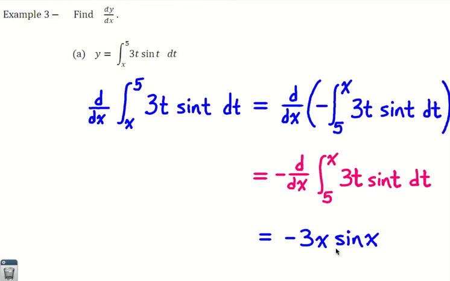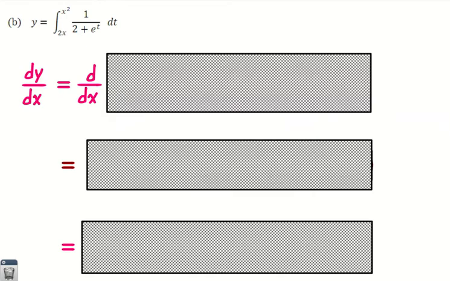But yeah, the final answer is just going to be negative 3x sine of x. And no real chain rule needed here because it's just x. And so that's what you do in this sort of situation. If you need to flip the integral, just put a negative out in front. And that's it.